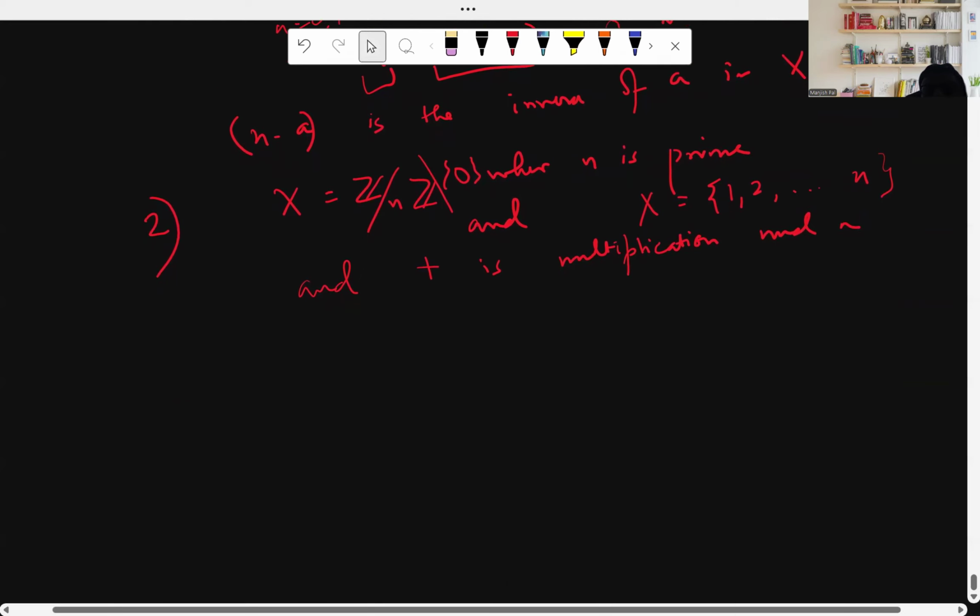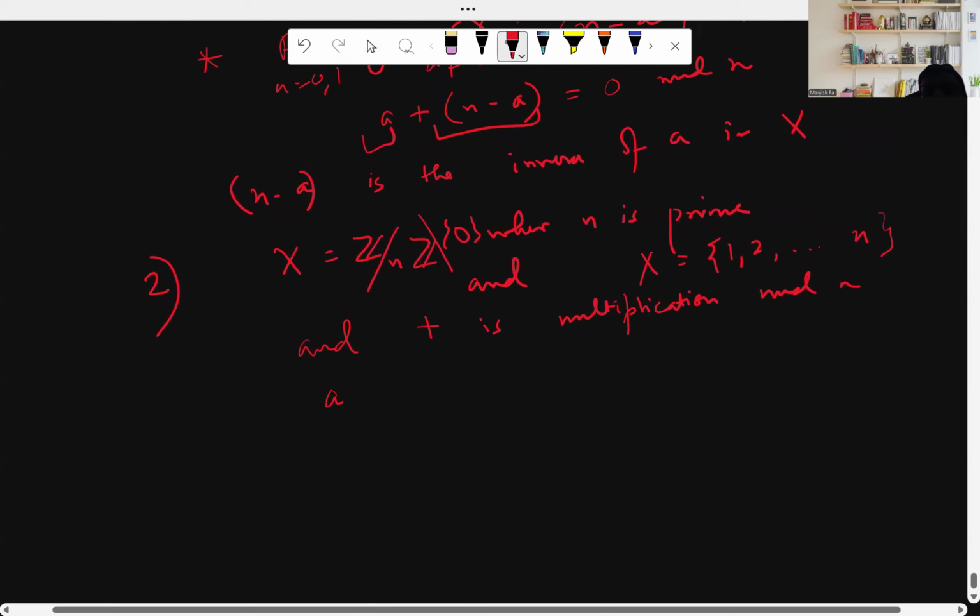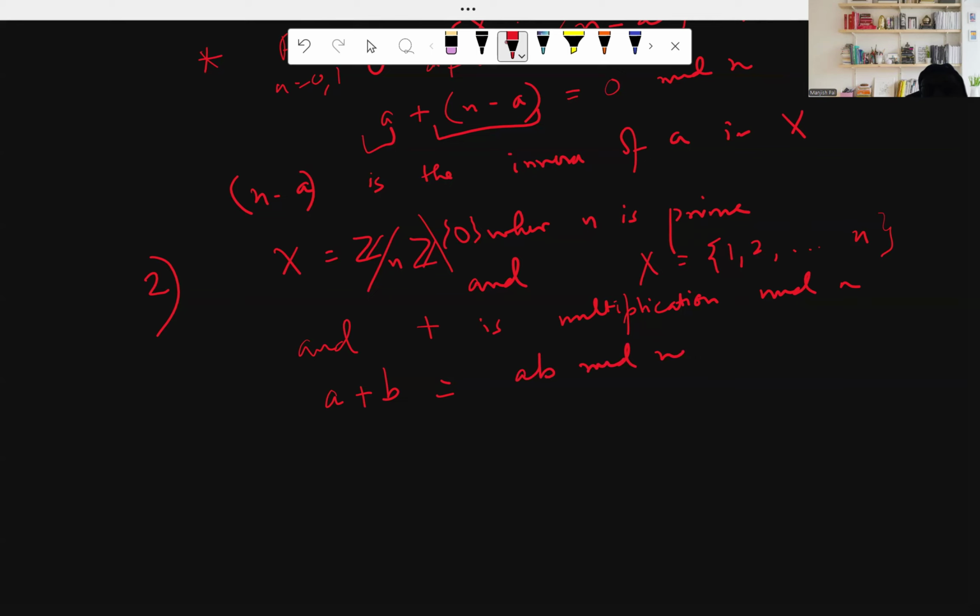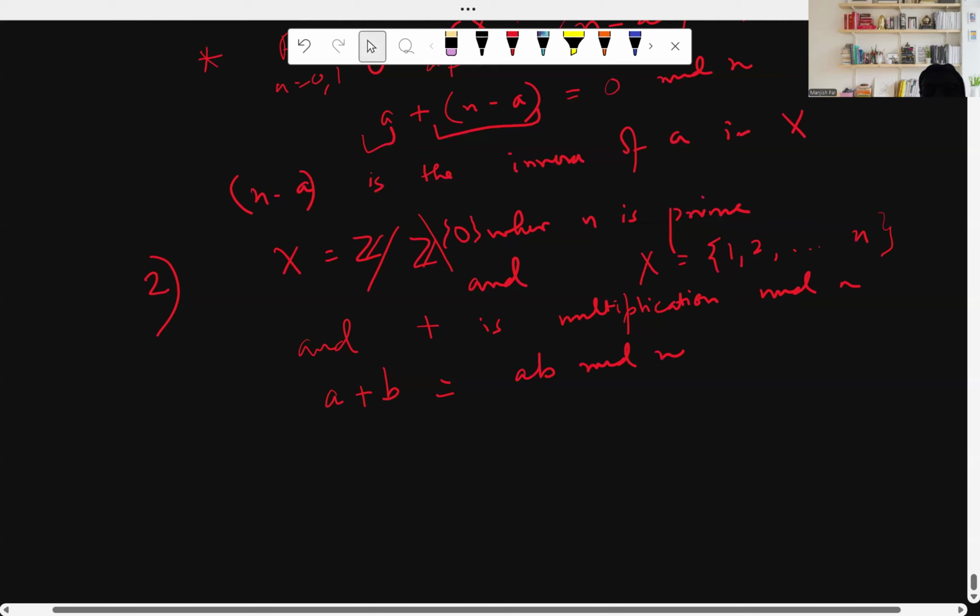So basically when you take two elements, a times b is defined as ab mod n. In general it is better that we write n as p, because it's an indicator of a prime number.